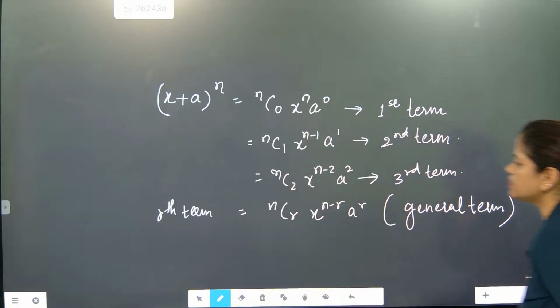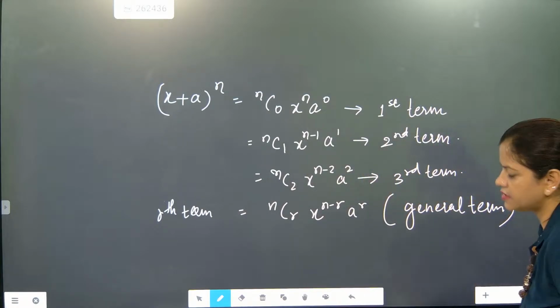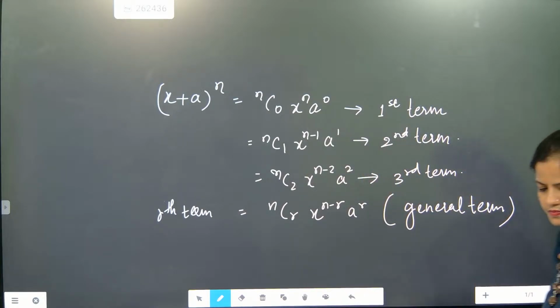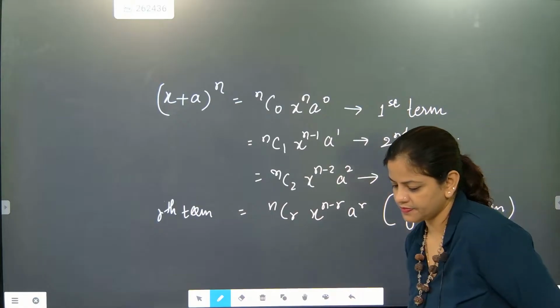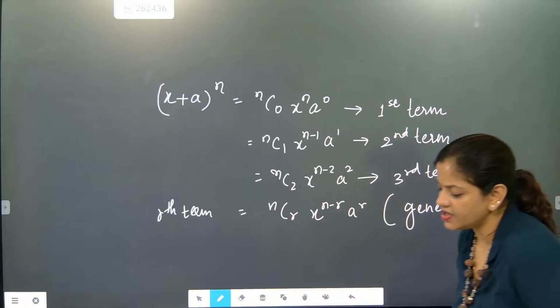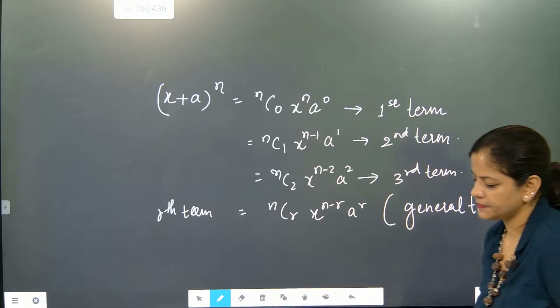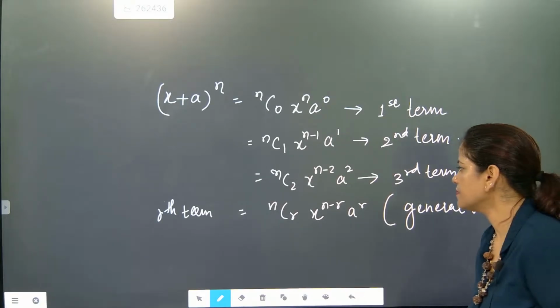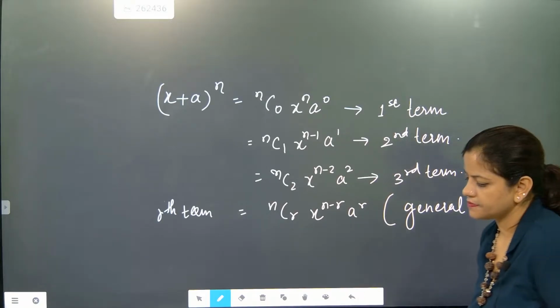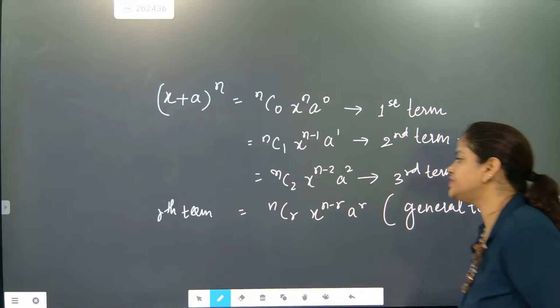Come on, note down this one. This is considered as the rth term, and that is considered as the general term. Now we are going to play with the general term only. Now how to write the general term?